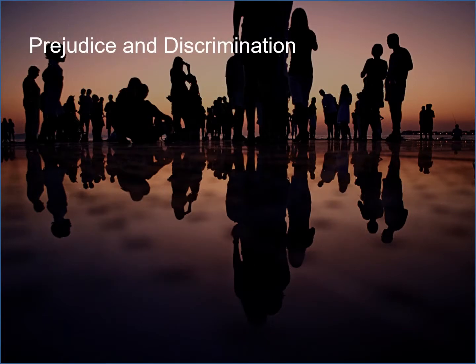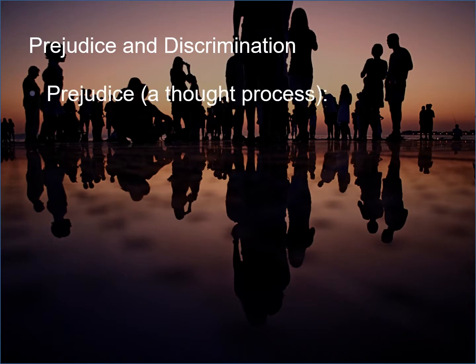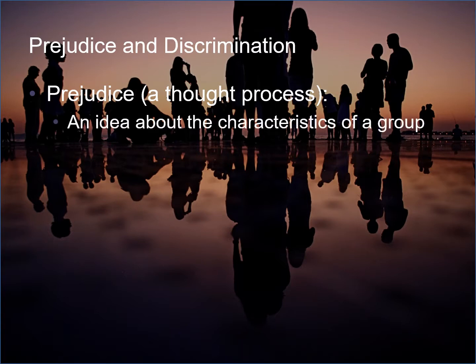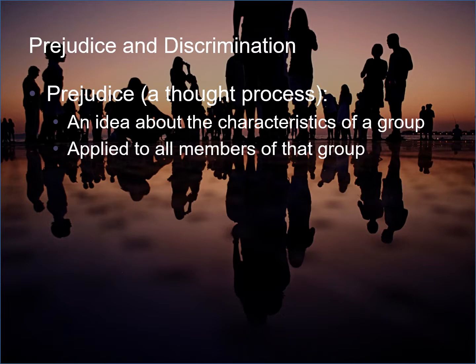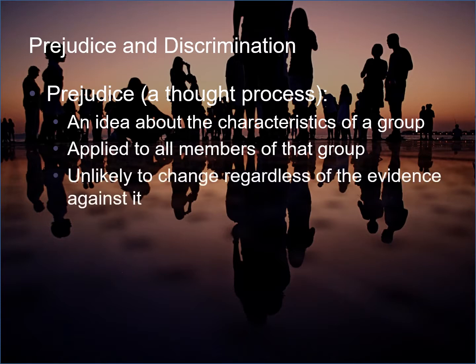Some definitions: prejudice and discrimination. Prejudice is a thought process. It's an idea about the characteristics of a group. It's applied to all members of that group. It's unlikely to change regardless of the evidence against it.